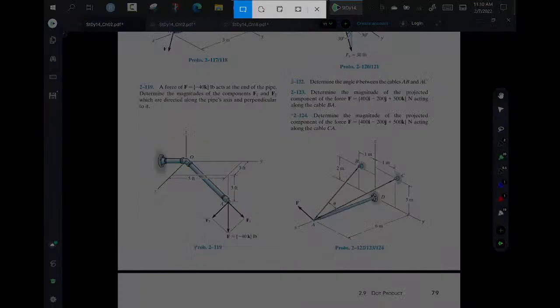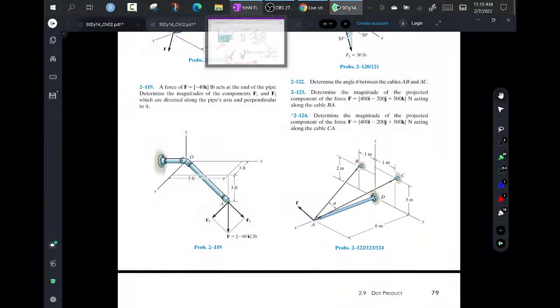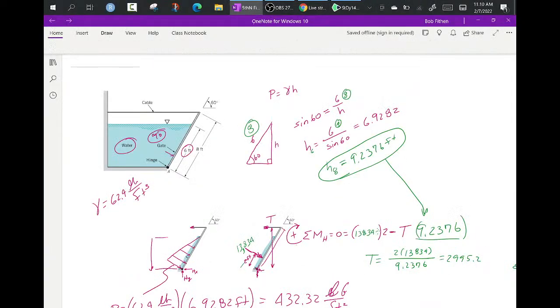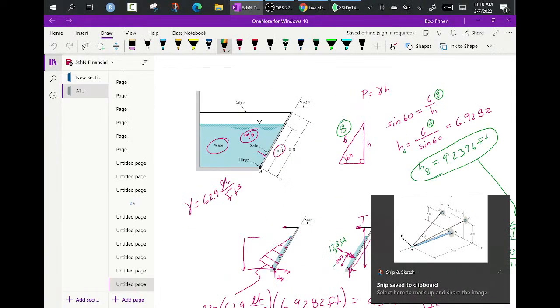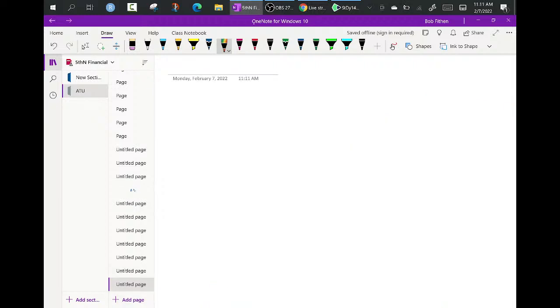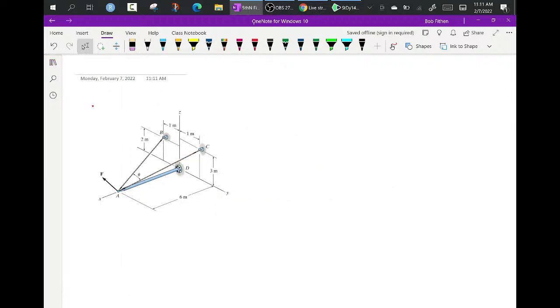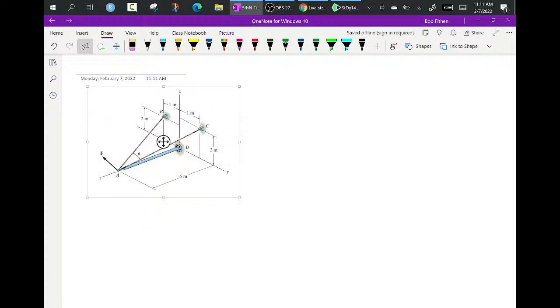What I'll do is try to get the picture over here, and at the same time get the different writings of what each one is. I'm just going to have to do a new page. Okay, so there's the problem itself, and this one has several questions about it.